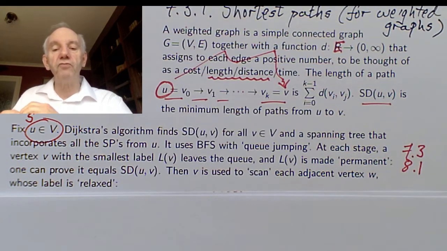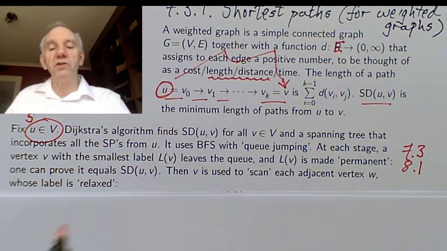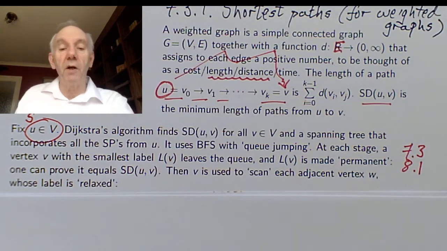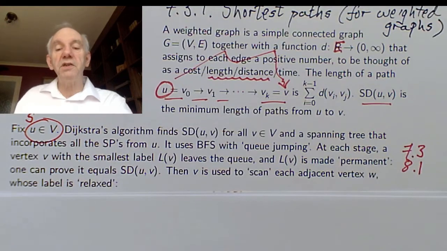So that's why we have to relabel the approximate shortest distances to each vertex as we go along. So we do this labeling, and it will be clear how that works from the example.